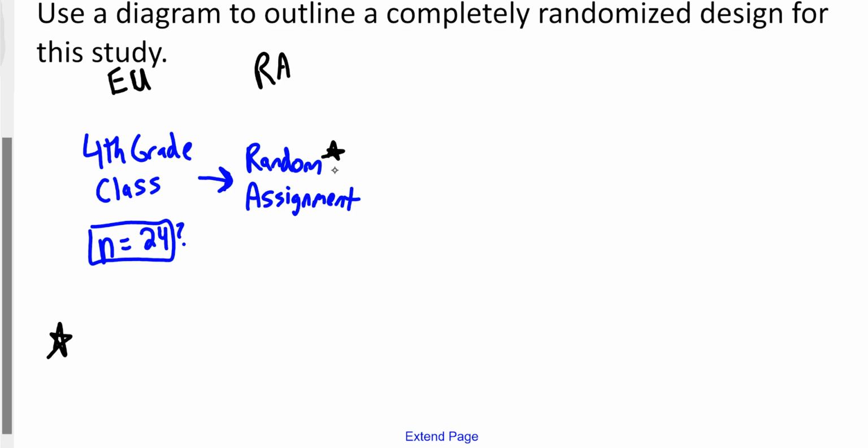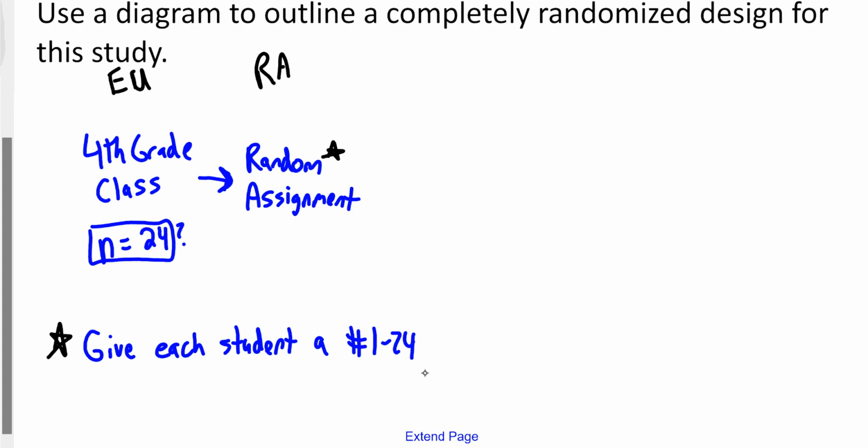So my random assignment, we'll keep with blue here. How am I going to take those numbers? So I'm going to give each student a number 1 through 24. Because I'm going to use the random number generator.